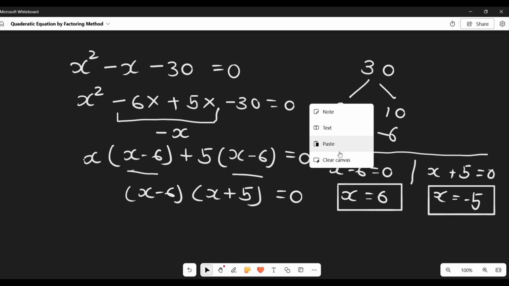Let's take another example. Suppose you have x² + 4x − 32 = 0.